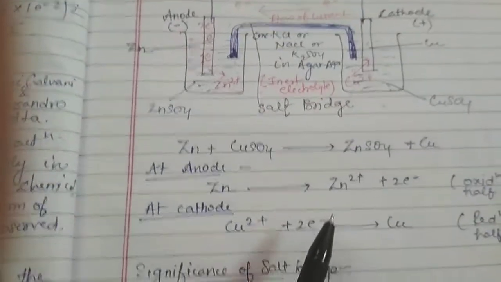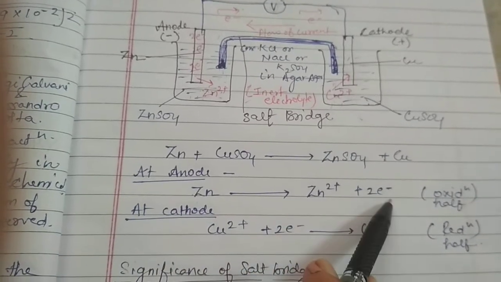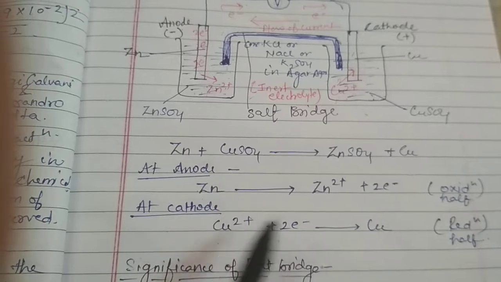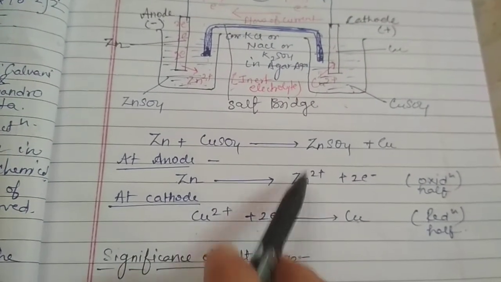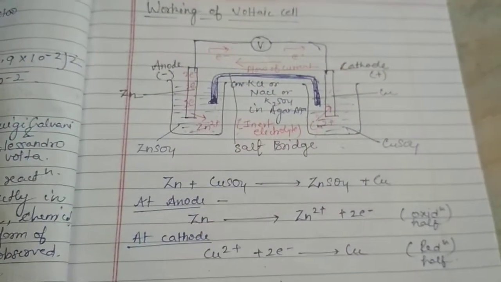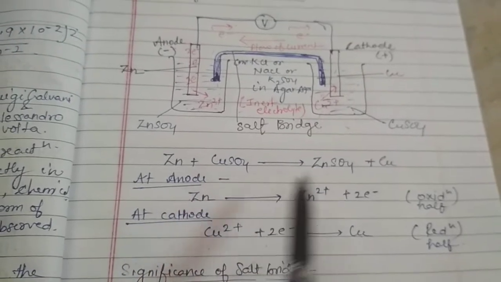So we are able to see at the anode the zinc is oxidized by de-electronation. At the cathode, these electrons are being utilized to reduce copper ion to copper. So it may be said that this electrochemical cell contains two reactions.